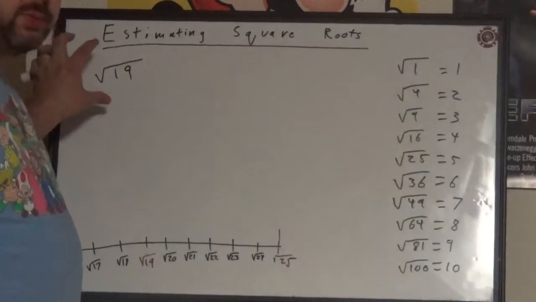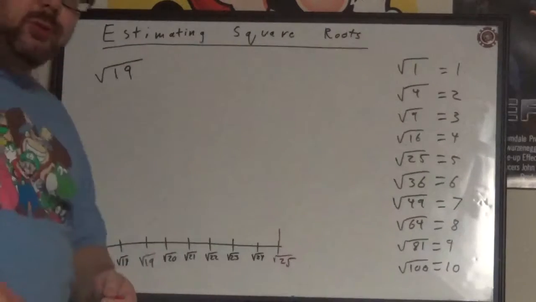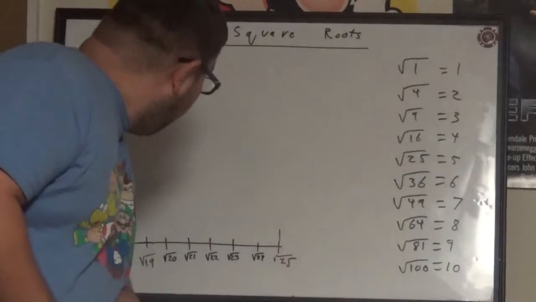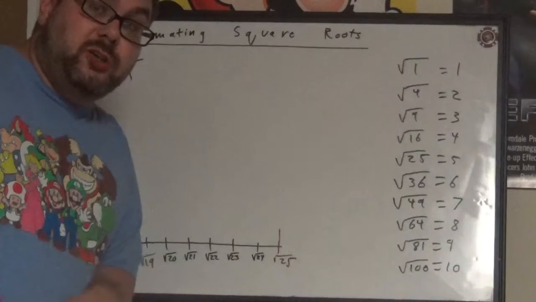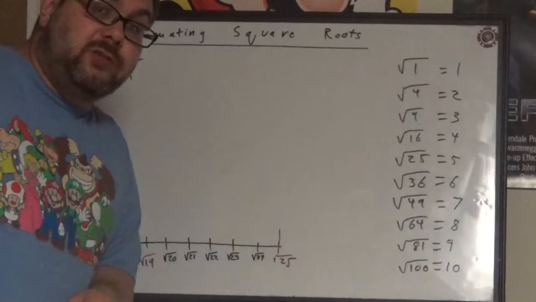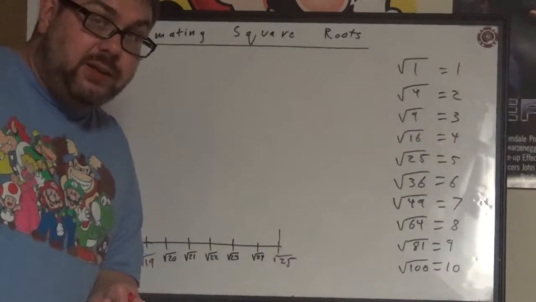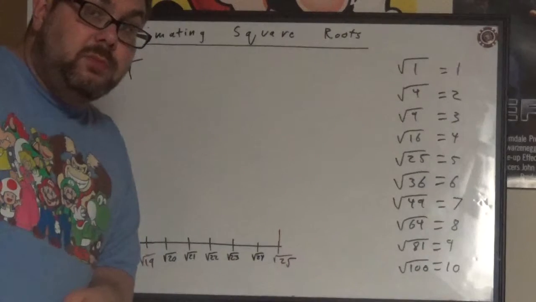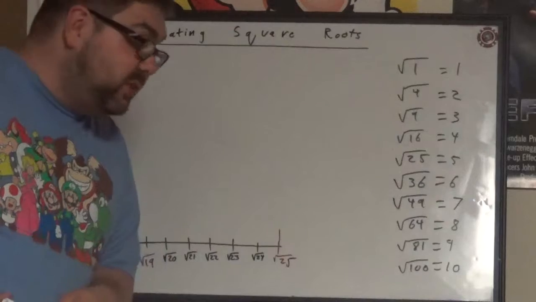As my example, we're going to use the number 19. We're going to estimate the decimal version of the square root of 19. Of course, with a calculator, you could find the exact answer, but you can actually come pretty close doing it this way.